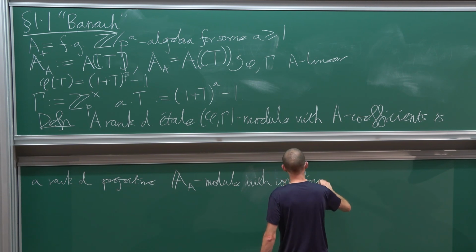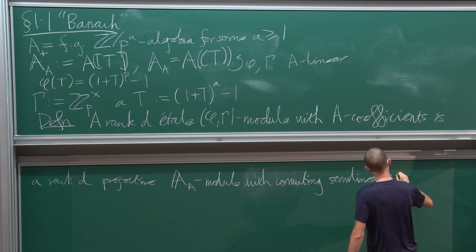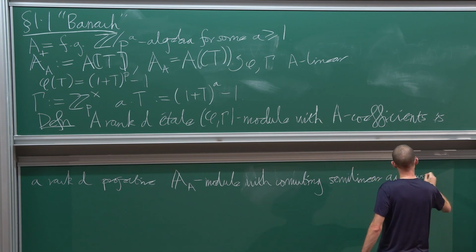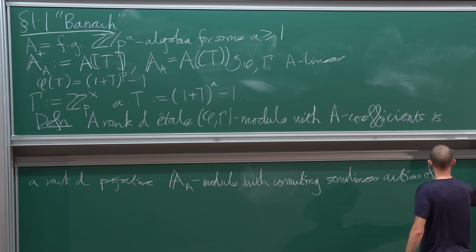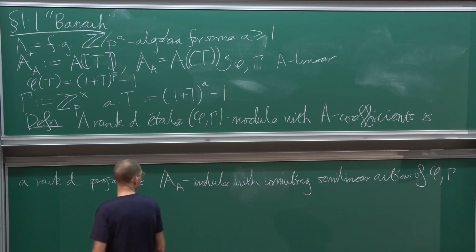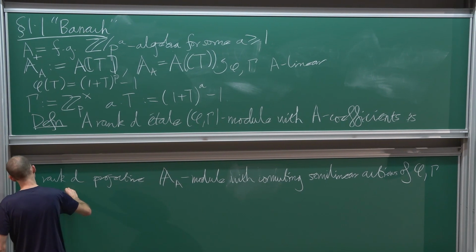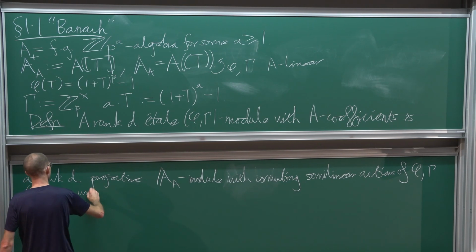So it's got commuting semilinear actions of phi and gamma. And those actions should be continuous with respect to the p-adic topology.